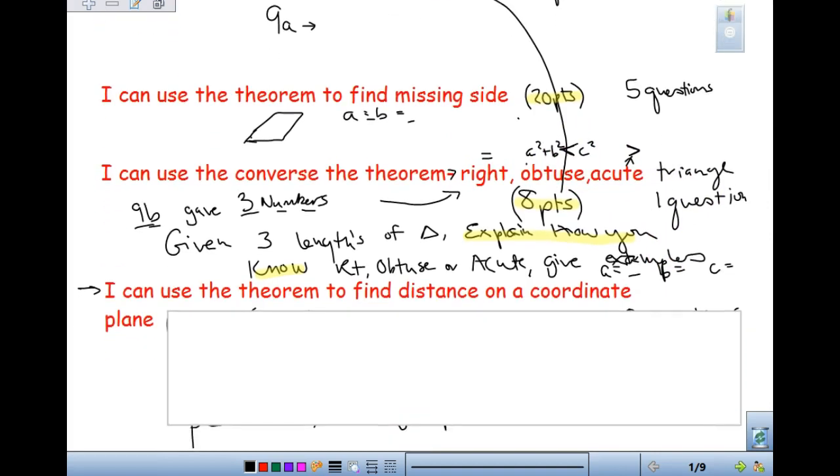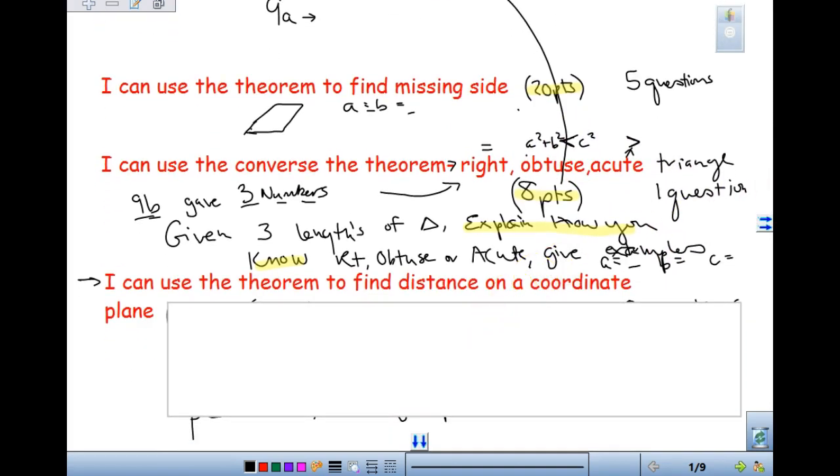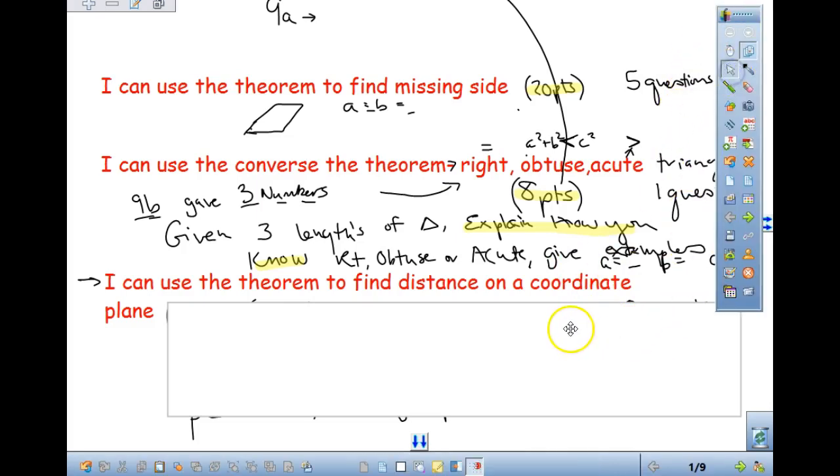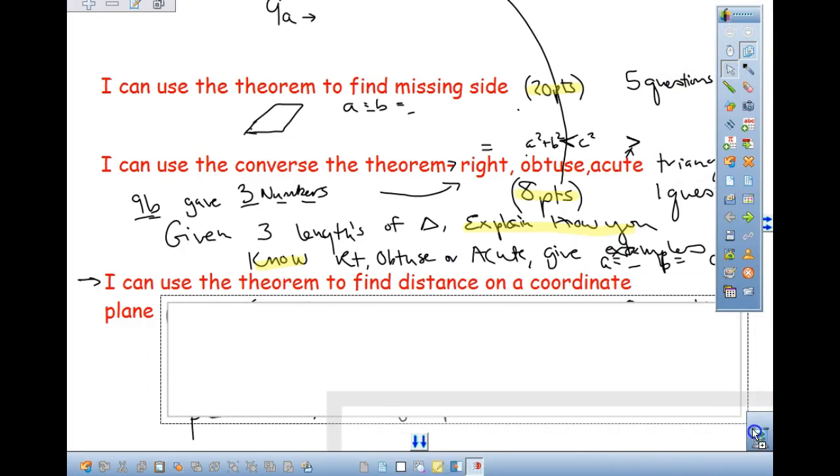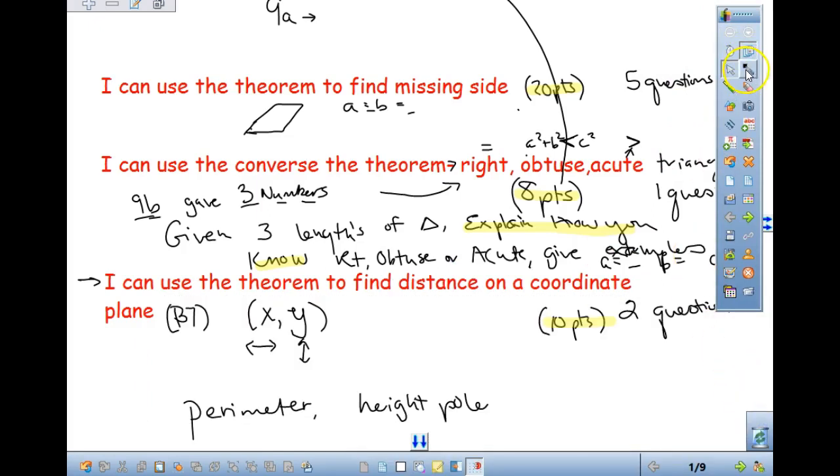The last thing on the poster up here says, I can use the theorem to find distances on a coordinate plane. Now, when I look at the B7 that you did, some of you didn't really draw your points correctly.